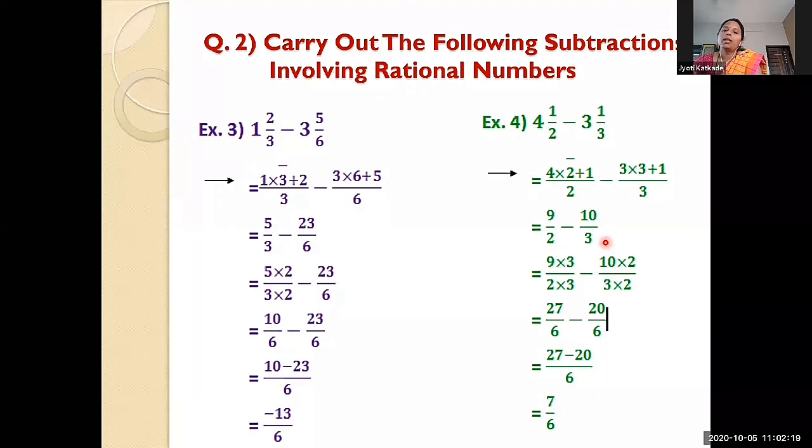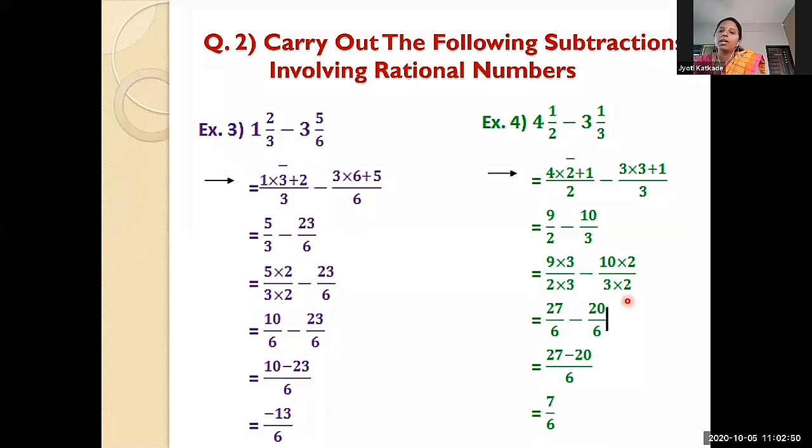Now the denominator is different. So take the LCM. Our LCM is 6. So multiply 9 upon 2 by 3. Okay. 9 into 3 divided by 2 into 3 minus 10 into 2 divided by 3 into 2. 9 3s are 27 divided by 2 3s are 6 minus 10 2s are 20 divided by 3 2s are 6.